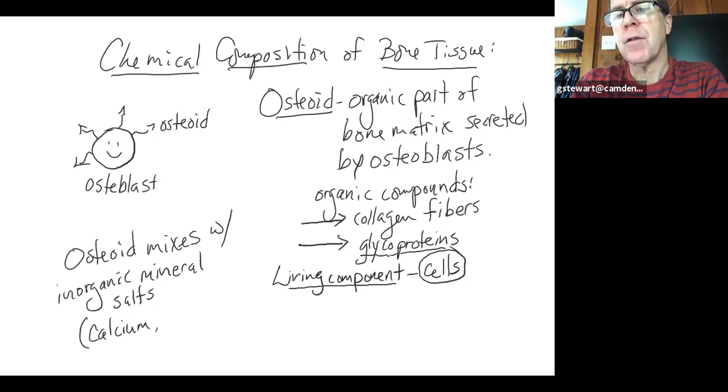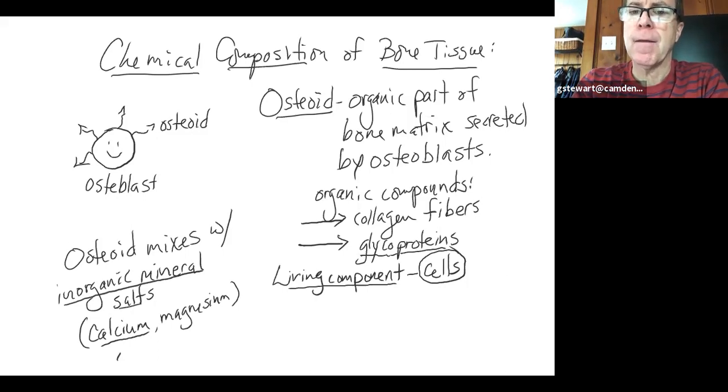There's other minerals in here, magnesium, but it's mostly predominantly calcium. This stuff, the inorganic mineral salts like calcium and magnesium, give bone its hardness.